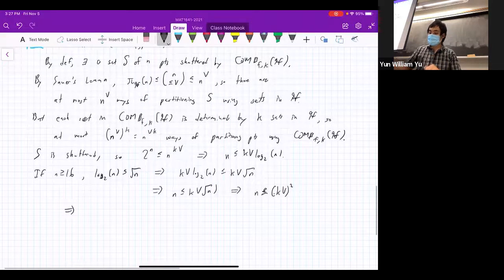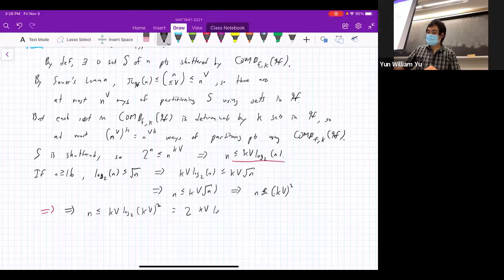And plugging that back into this, what you get is that n is less than or equal to kv log 2 of (kv) squared, which is equal to 2kv log 2 of kv. And so that proves the theorem. It's actually slightly stronger than that, but we had to use the asymptotics because for a really small n, it doesn't quite work.